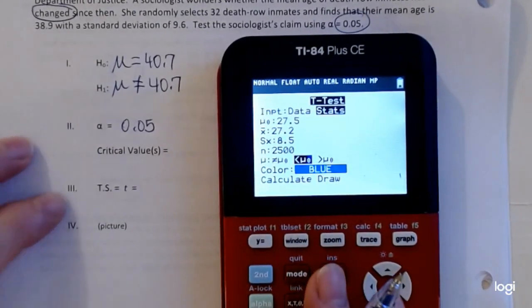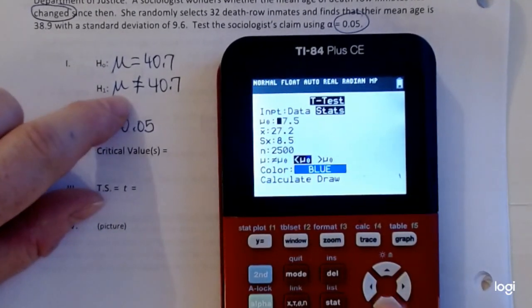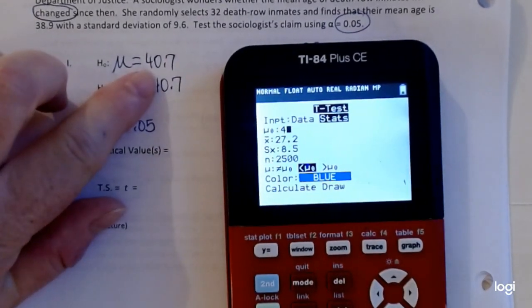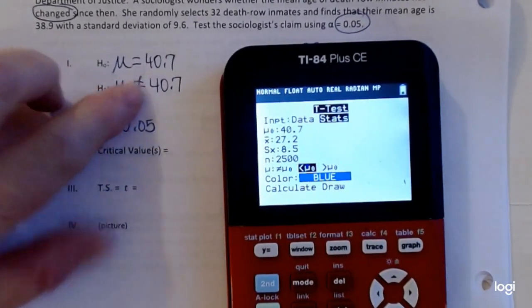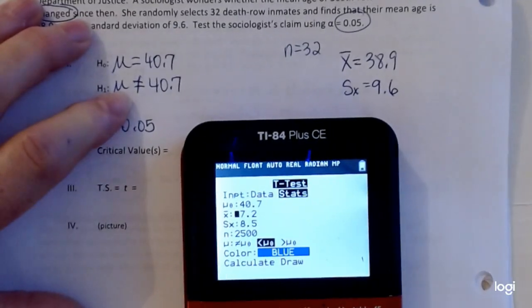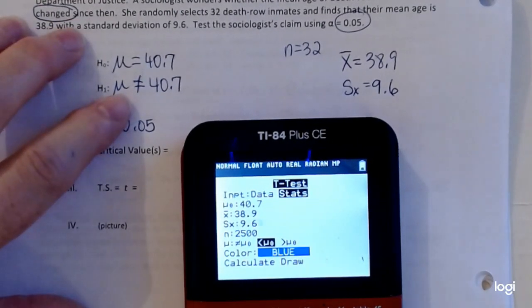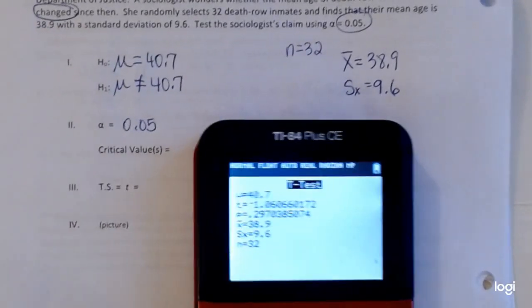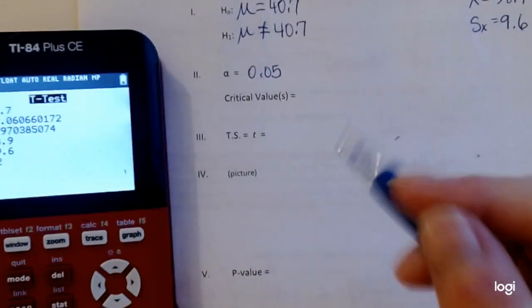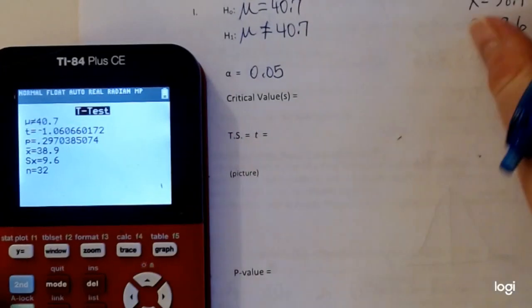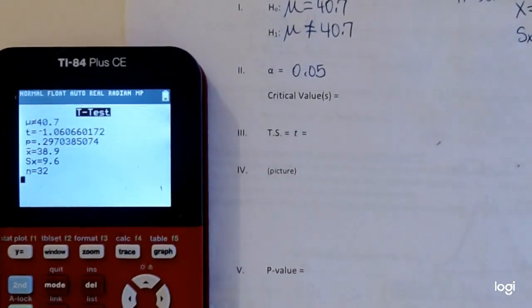We're still doing stats. So our mean, 40.7. Our sample mean was 38.9. Our standard deviation, 9.6. Our N value is 32. This is a not equal, so it's that first one there. Calculate. Our T value, which is our test statistic, is negative 1.06.